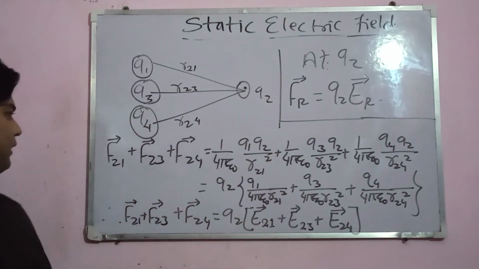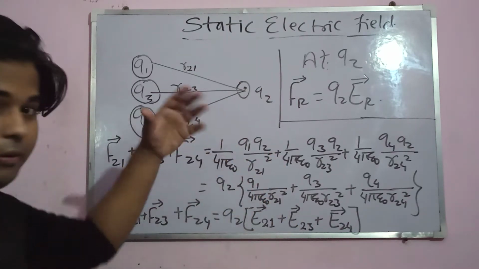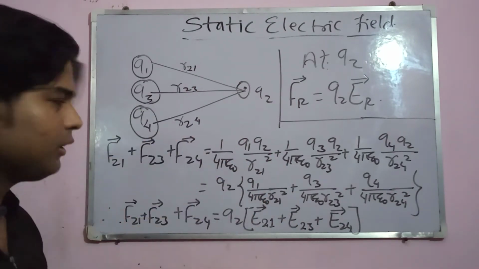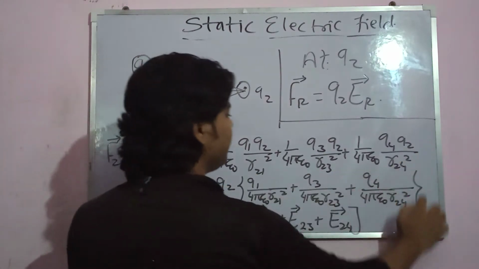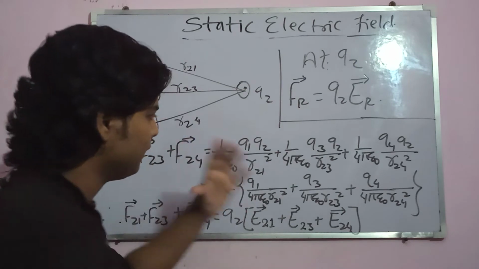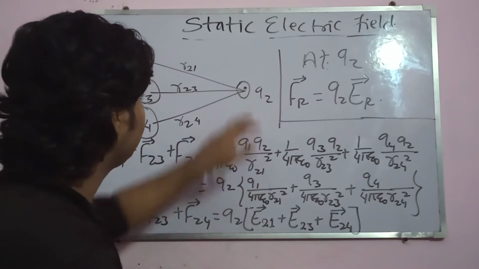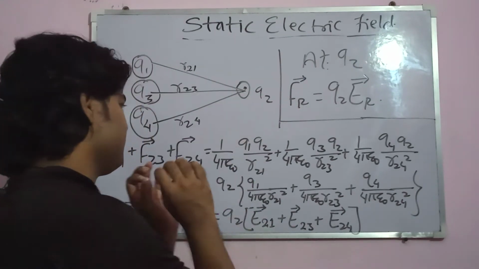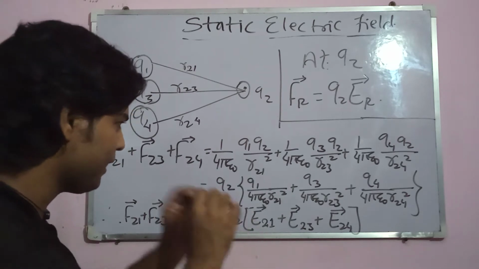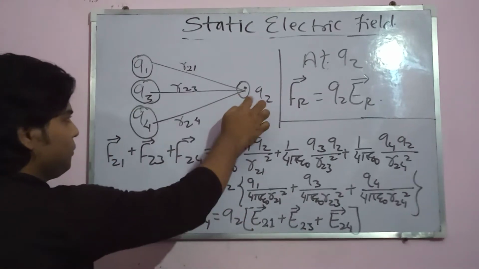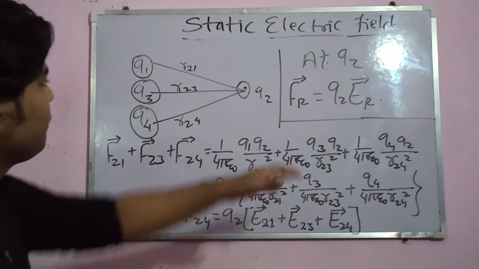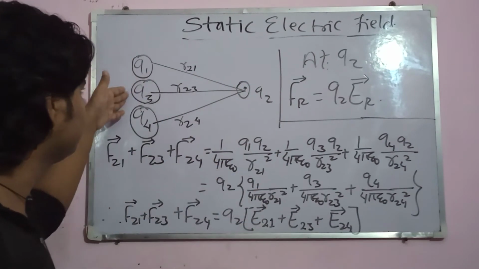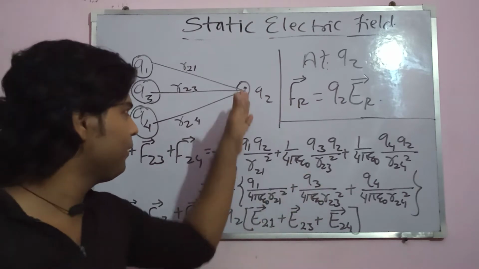If I compare it with my one charge to one charge system, this is Q2, and this whole thing gives us the static electric field at Q2, which gives a roadmap to relate these forces with Q2. It means Q2 experiences force by all these charges due to their static electric fields at Q2.